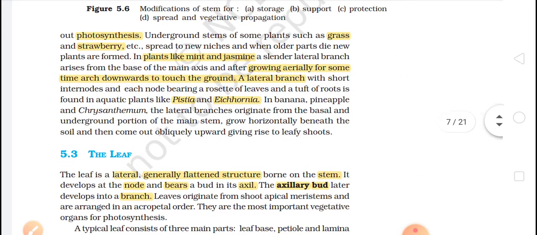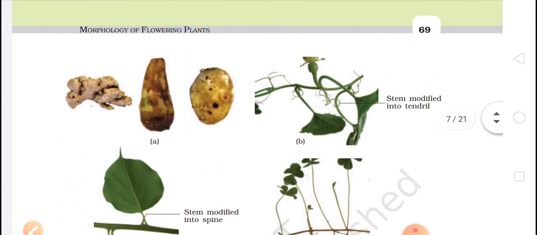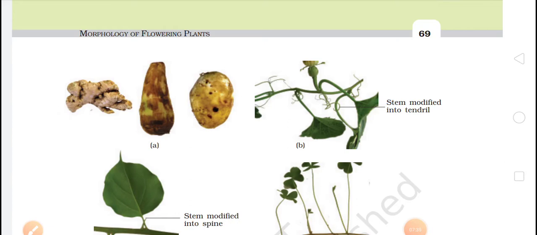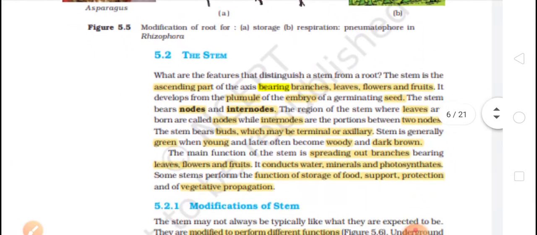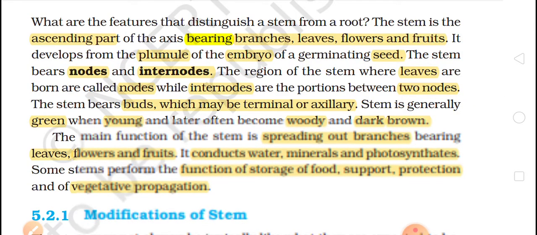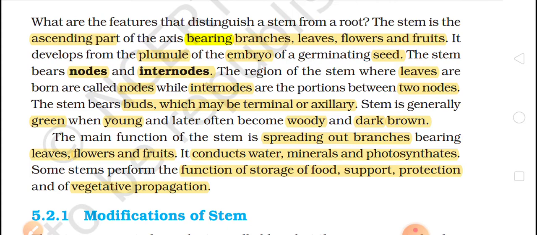So children, today in this video we have finished stem. I repeat once again, children: the stem is the ascending part bearing branches, leaves, flowers and fruits, and the stem develops from the plumule of the embryo of the germinating seed.